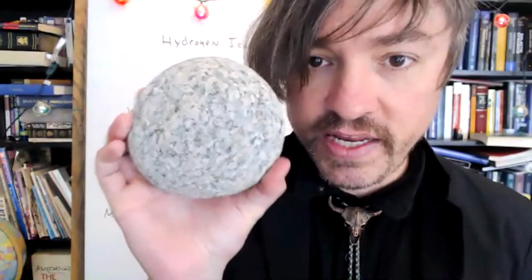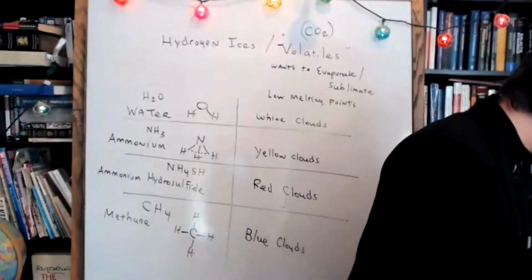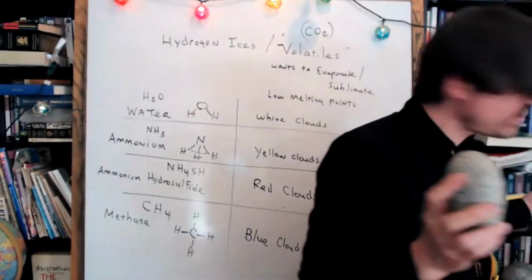If you wanted to melt this lump of granite, you could do it, but you would need a furnace that could raise your temperatures up to close to 2000 Kelvin. So compare the melting point of rock or metal, which is 2,000 to 3,000 Kelvin. And by the way, that's much hotter than the temperature of a fireplace.